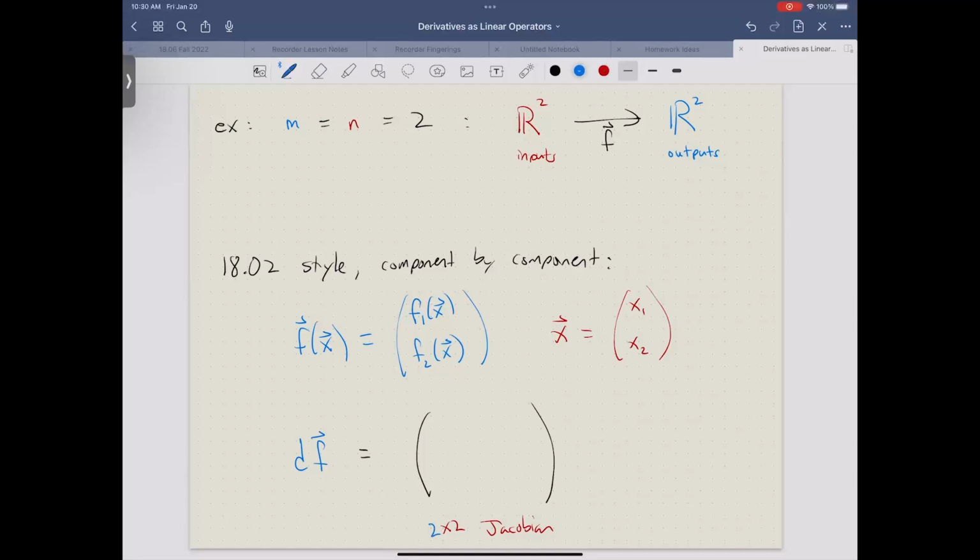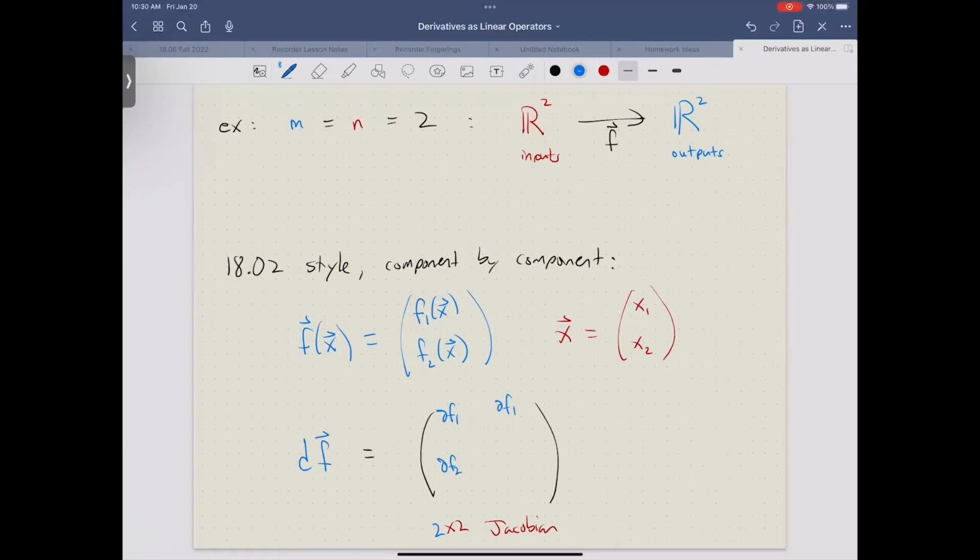The outputs are the different rows, so there's df1, df2, and the inputs are the different columns, dx1, dx2.